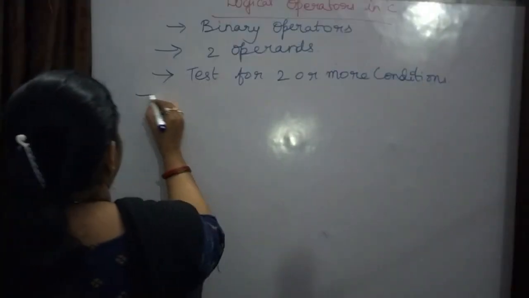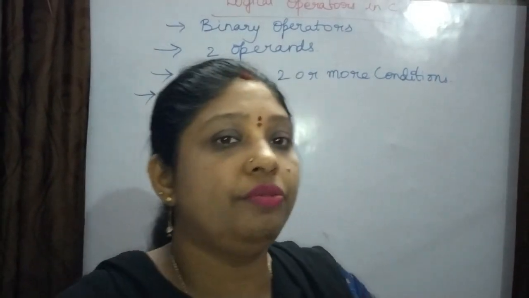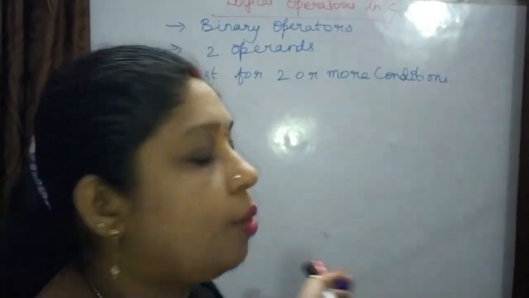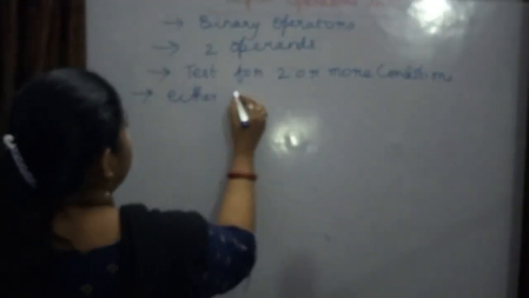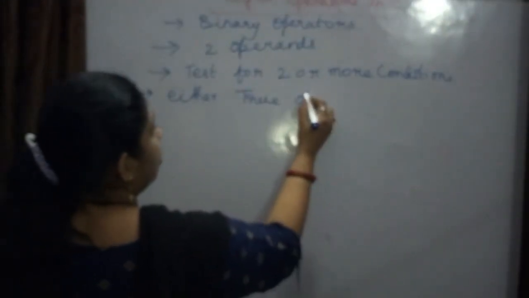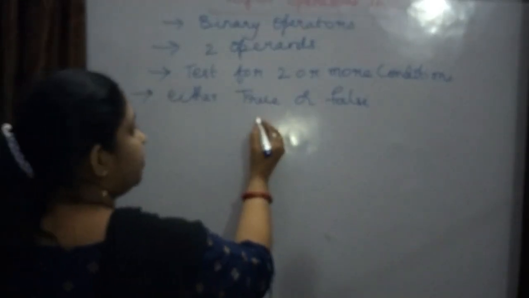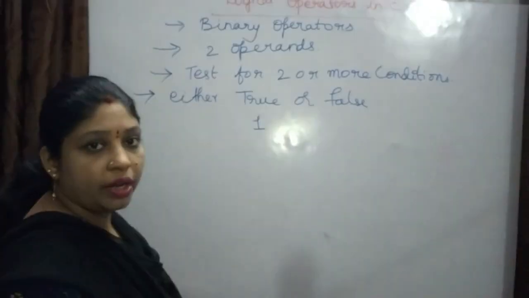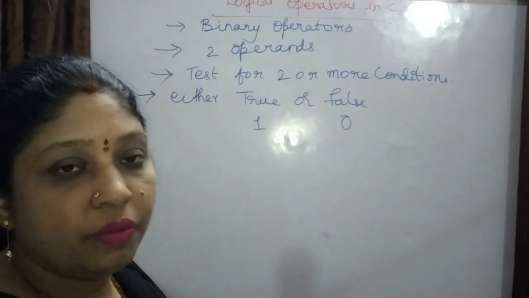Next, the result for these operators is either true or false, just like the relational operators. When it is true, you will get the numerical value 1. When it is false, you will get the numerical value 0.